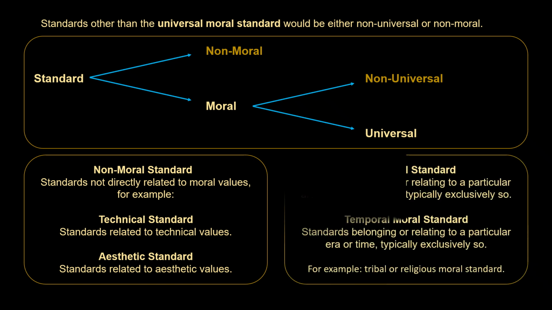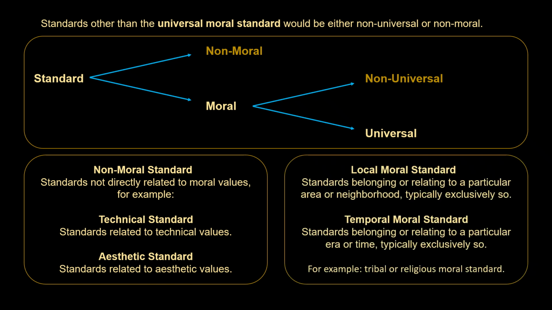Local moral standard means standards belonging or relating to a particular area or neighborhood, typically exclusively so. Temporal moral standard means standards belonging or relating to a particular era or time, typically exclusively so. For example, tribal or religious moral standards.